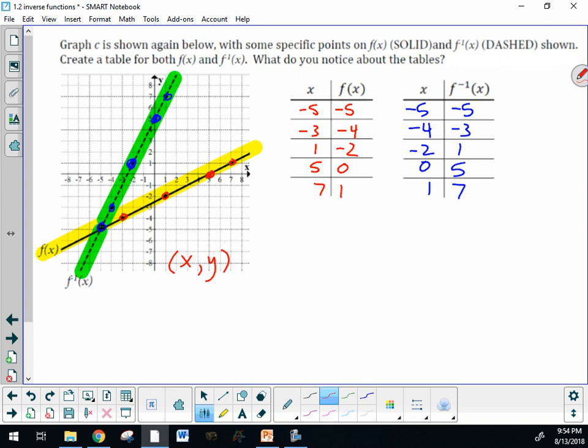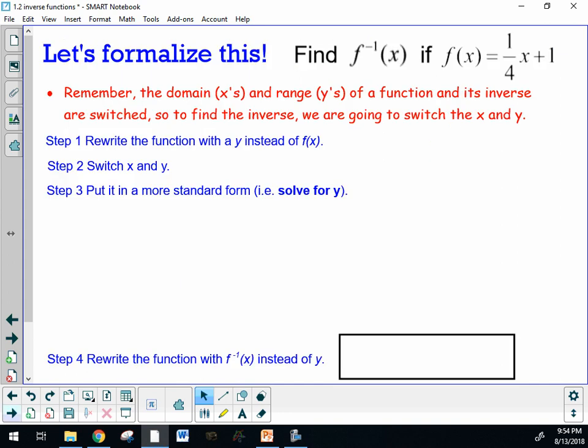And remember that these are y's. We write the function notation, but they're y values. So an inverse and a function has that property: whatever points are on a function, if you switch the x and y values, that is one of the points on the inverse function.